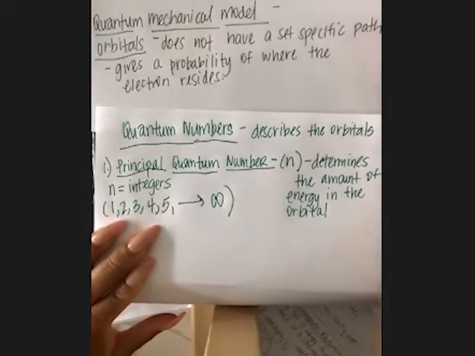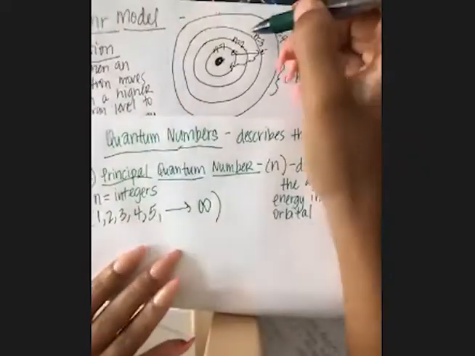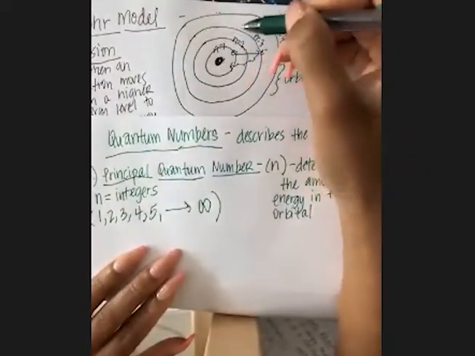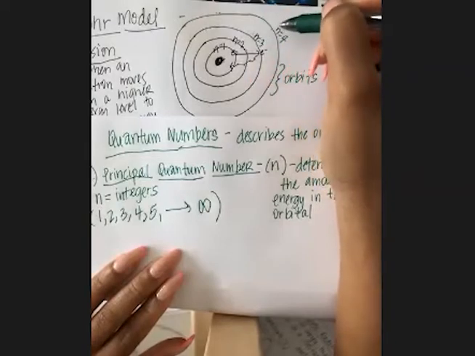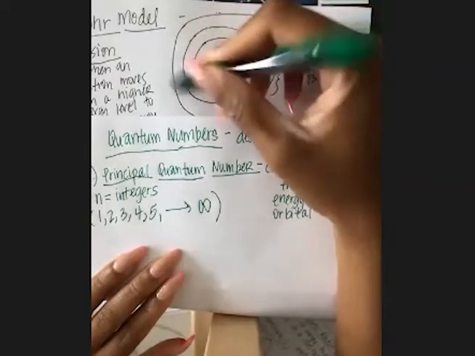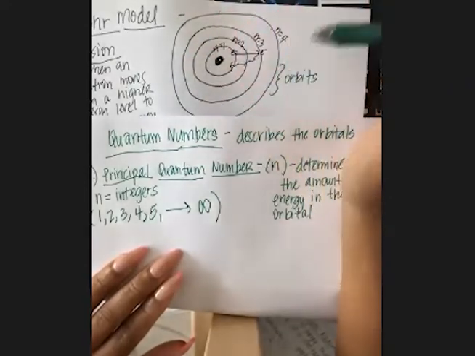It's kind of like if we look at the Bohr model, n equals 1 has less energy than n equals 2, which has less energy than n equals 3, which has less energy than n equals 4. And you can see that because the further away from the nucleus they get, the bigger they get.